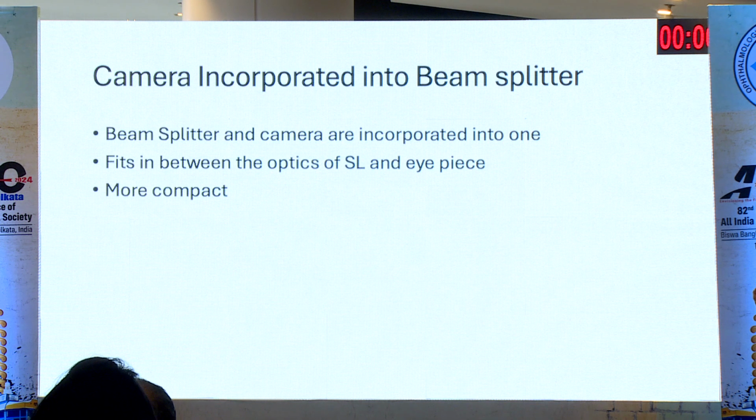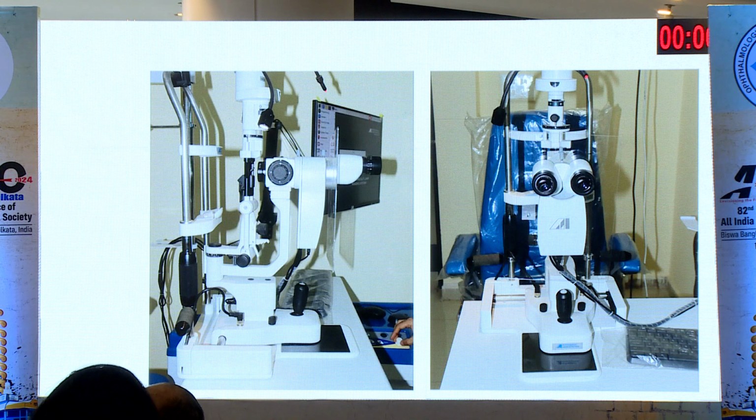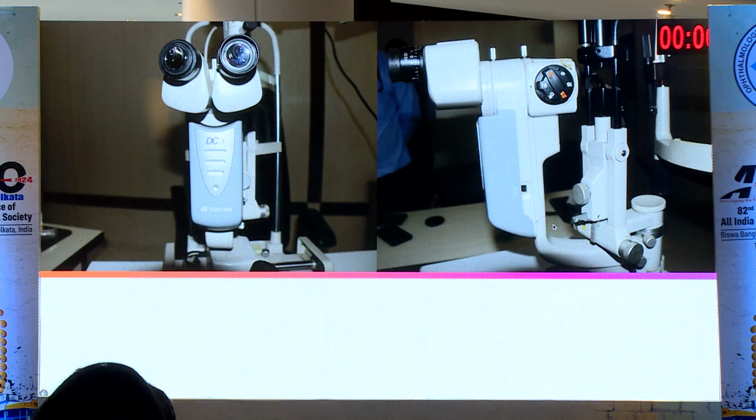A camera can be incorporated into the beam splitter itself, and it fits in between the optics of the slit lamp and the eyepieces, and it is a more compact way of doing it. This is the eyepiece and this is the optics, and here the camera fits in. So this is the camera. This is by Appa and this is by Topcon. So here is again the optics of the slit lamp and the eyepiece, and this is the camera.